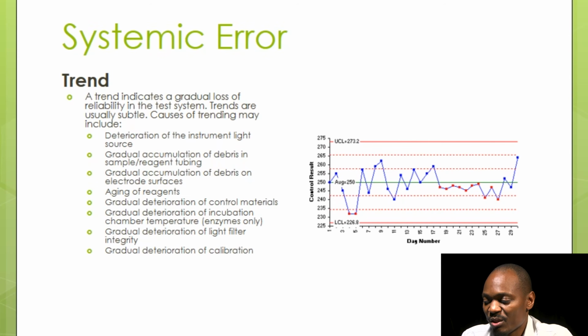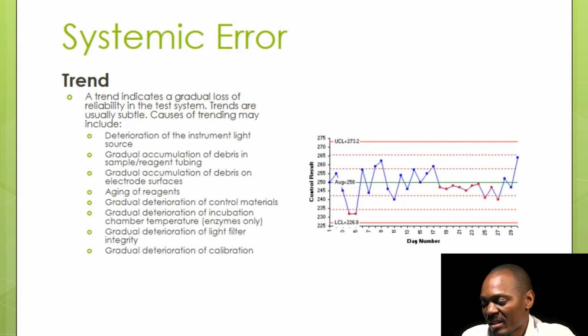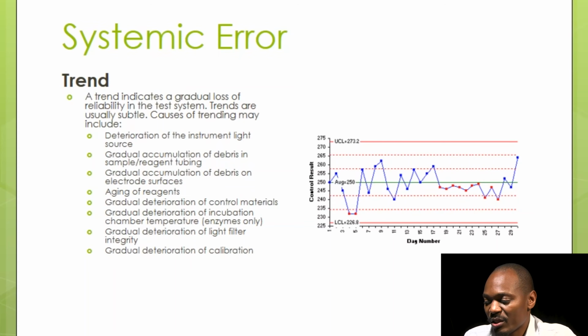Gradual deterioration of control materials. Your storage of control materials impacts the results that you get from controls. Gradual deterioration of incubation chamber temperature. This impacts mainly enzymes, as these are temperature sensitive. Gradual deterioration of light filters integrity.